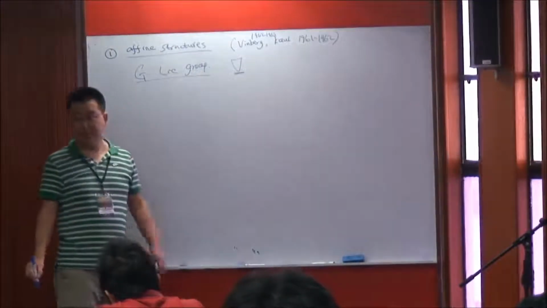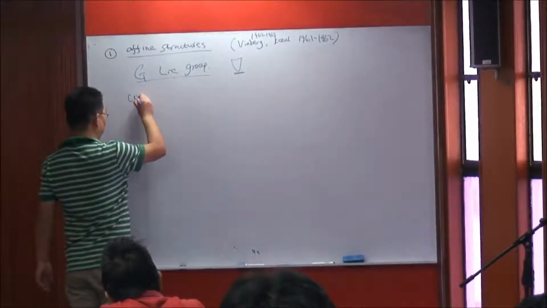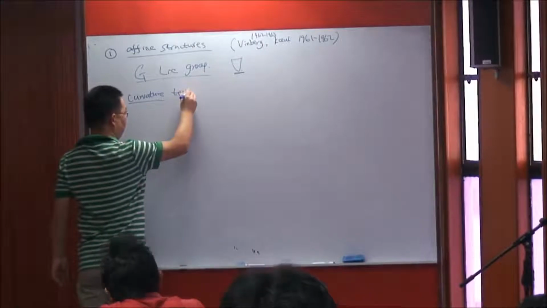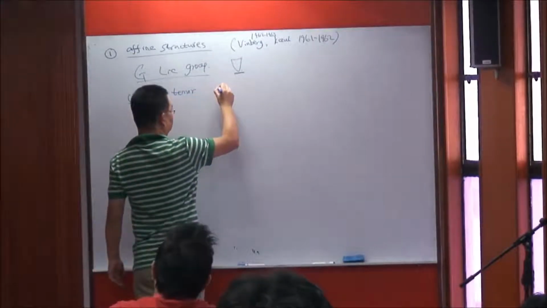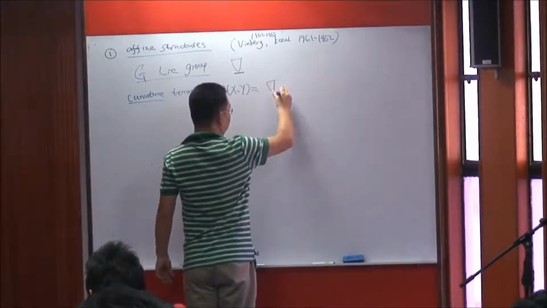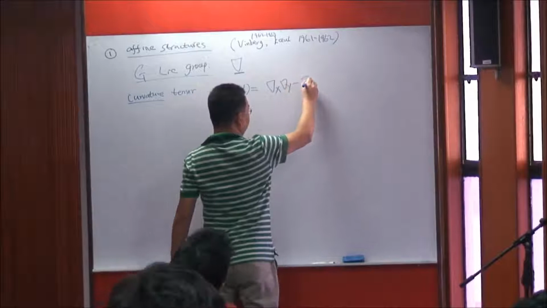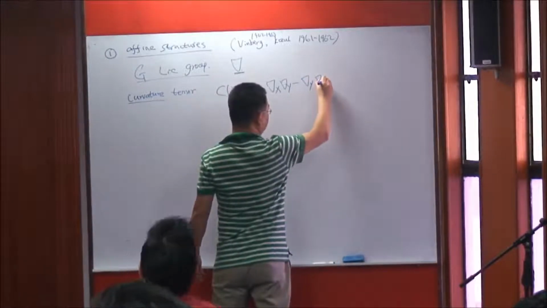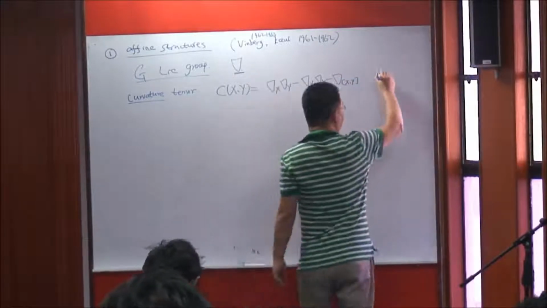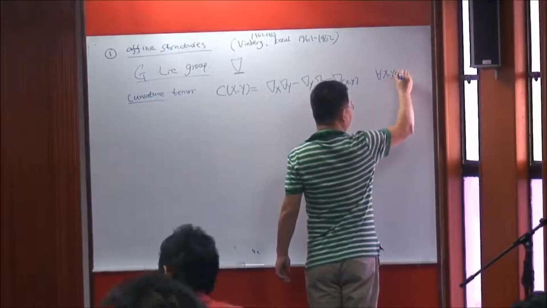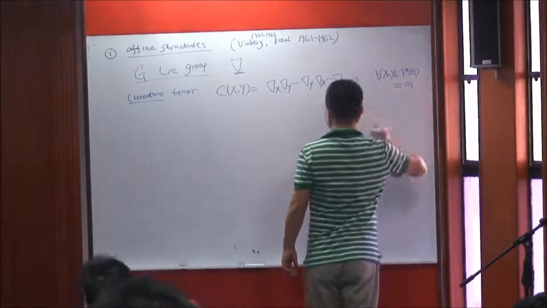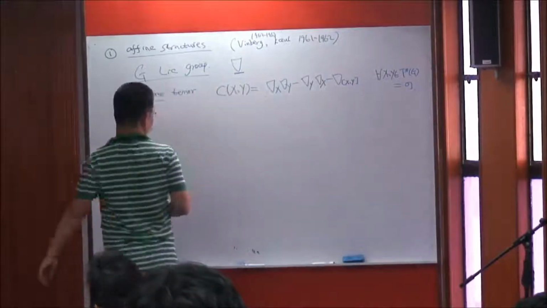For this connection, usually we can define the curvature tensor by R(x,y) = ∇x∇y − ∇y∇x − ∇[x,y], and the torsion tensor, where g is just the Lie algebra of G.